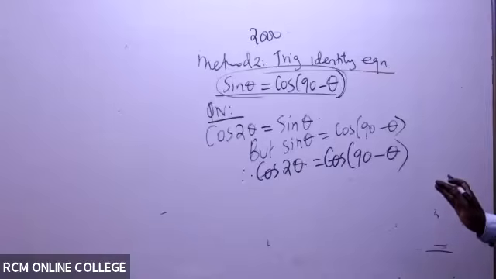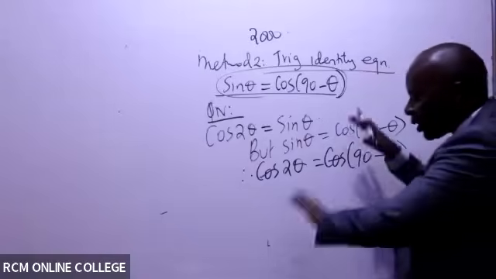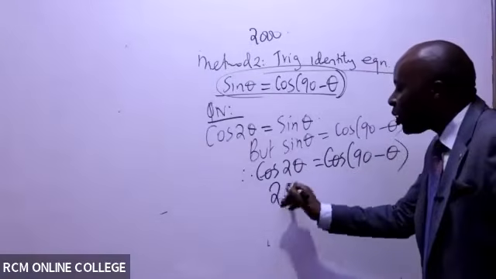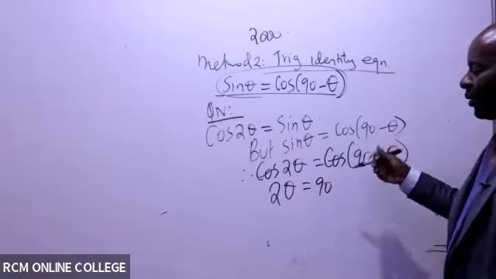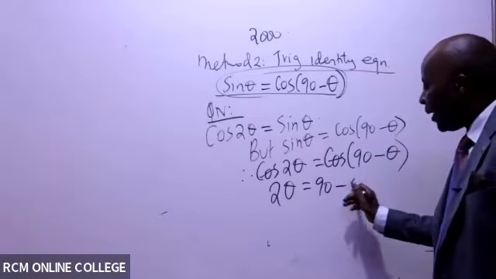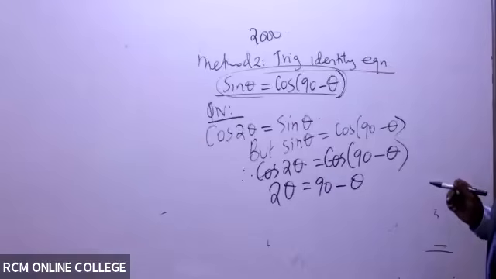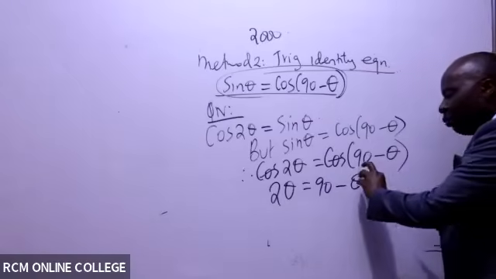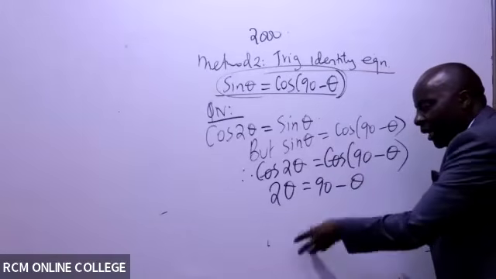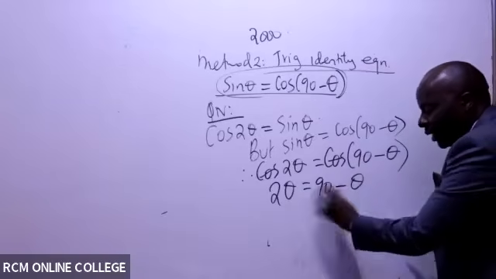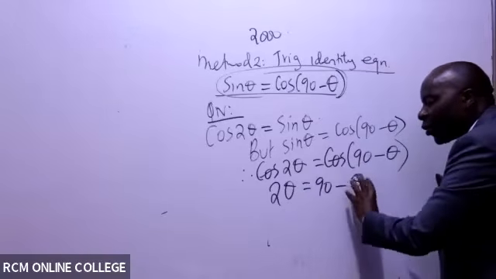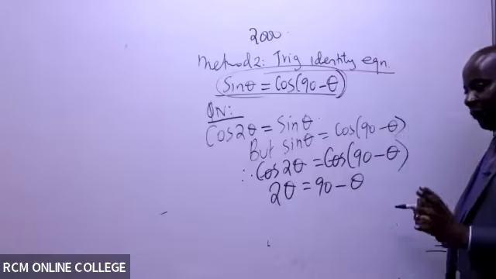So if I drop the cos, because it's appearing on both sides of the equation, I will be left with 2 theta equals 90 degrees minus theta. So now we can comfortably put like terms together. This theta here is a negative; when it crosses over, it becomes a positive.